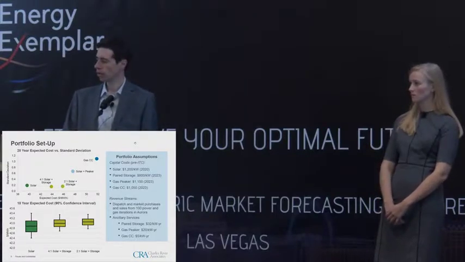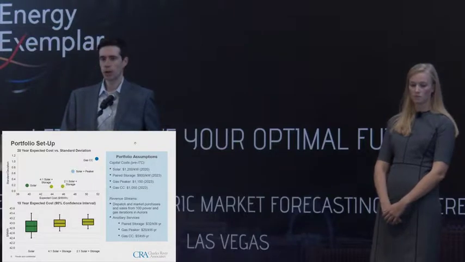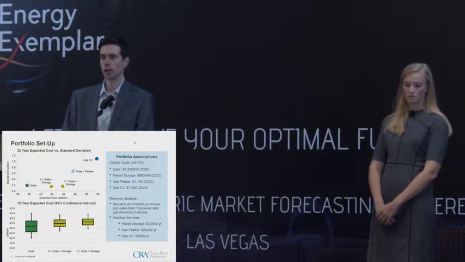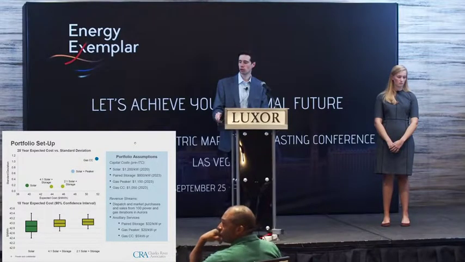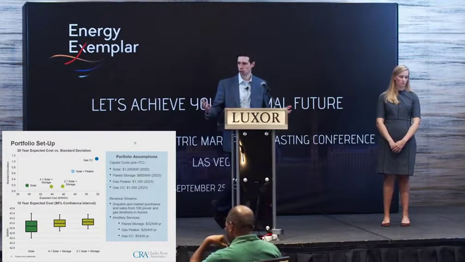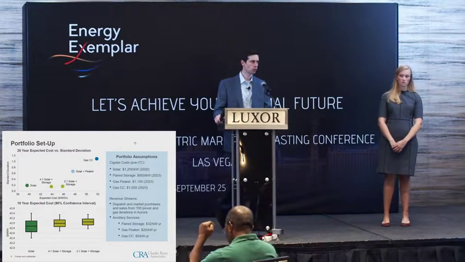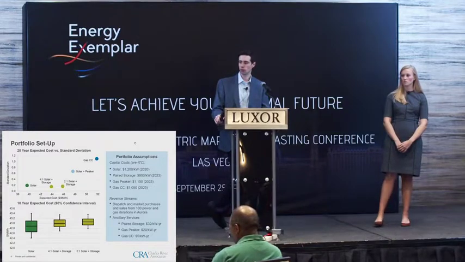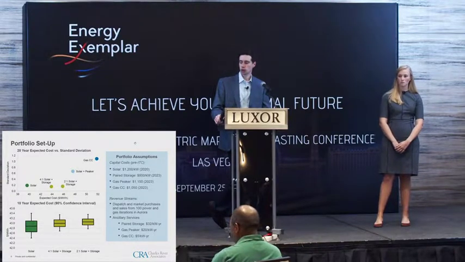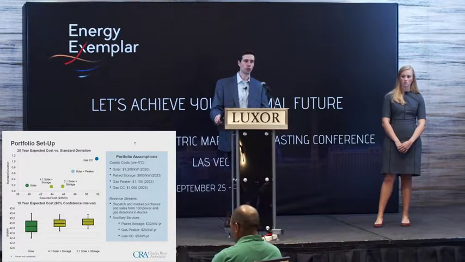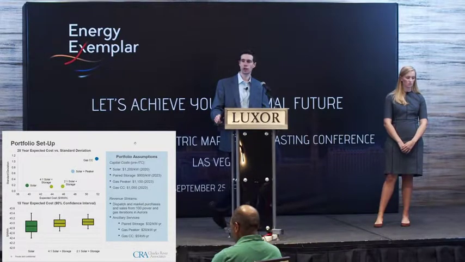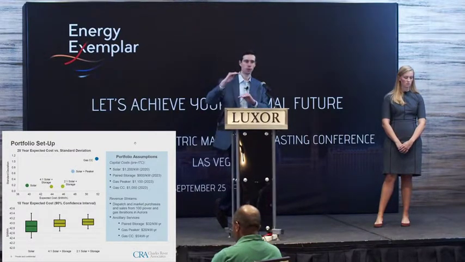But if you look at the bottom graphic, what we're showing there is the distribution of levelized NPV cost profiles over those 100 iterations for these three different options. So the bars, if you look at the shaded bars, they measure the 25th percentile to the 75th percentile with the median in the middle.